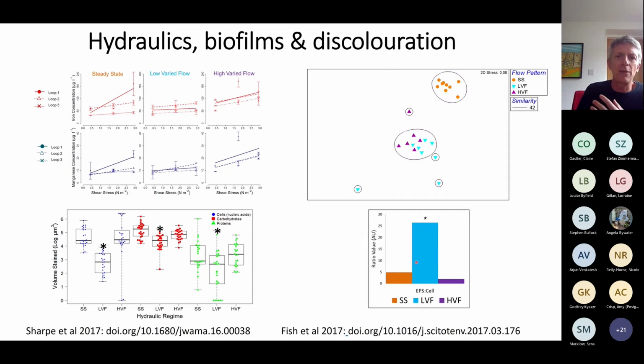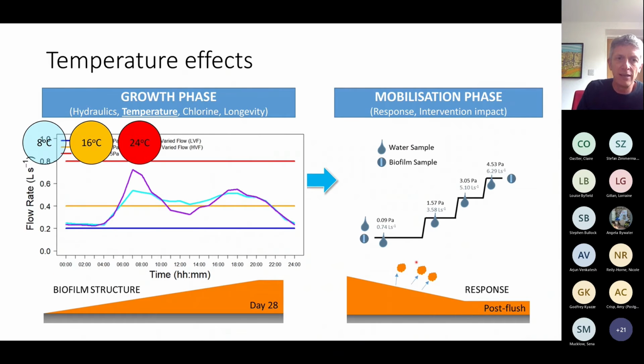So again, it's the pressure of who's there, but then how who is there is producing their EPS matrix, how that is then enabling them to protect themselves attached to the wall. With the caveat, this is a 28-day experiment. This is probably quite a young biofilm, as in most of these results that we're looking at here. But again, decided we need to look much more than just who is there to understand the emergent behavior we're interested in, or I'm interested in.